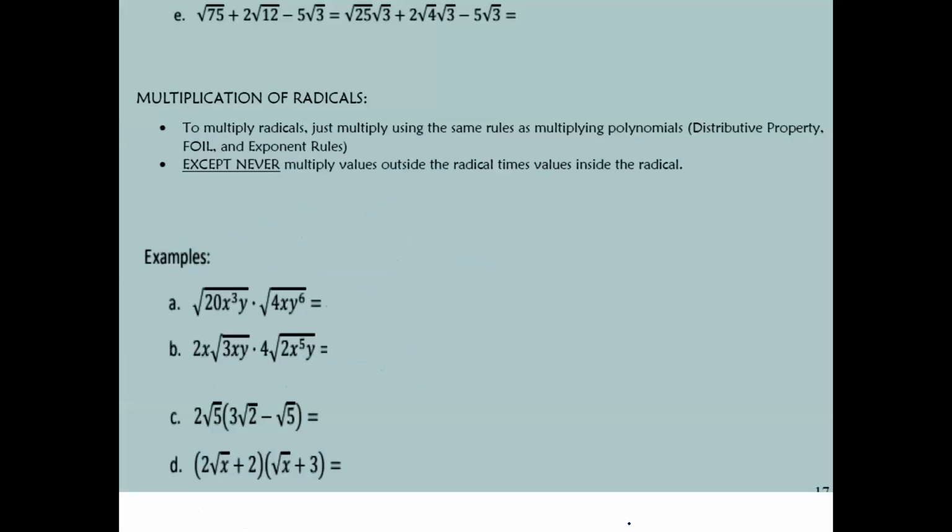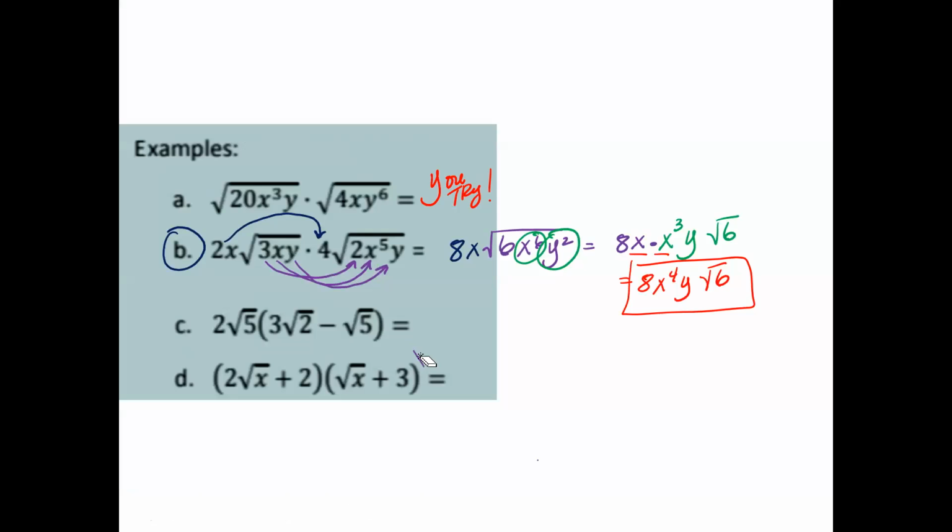All right, let's go and take a look at D. So for D, you're going to do a FOIL. So first is going to be 2 square root x times square root x, which is going to be 2x, minus the outer, which is 2 square root x times 3, and that's 6 square root x.